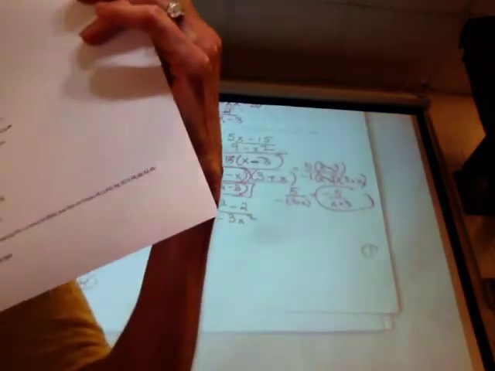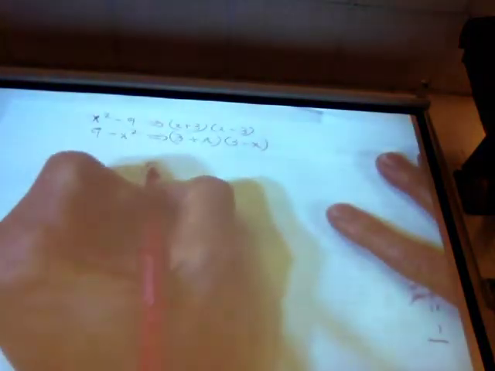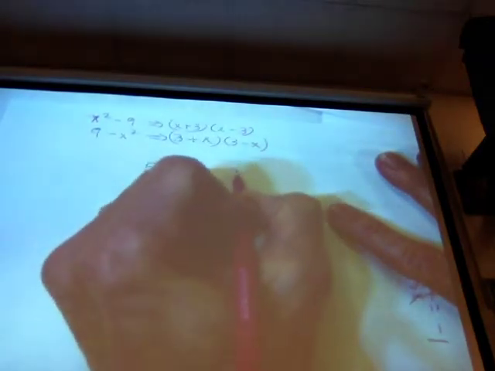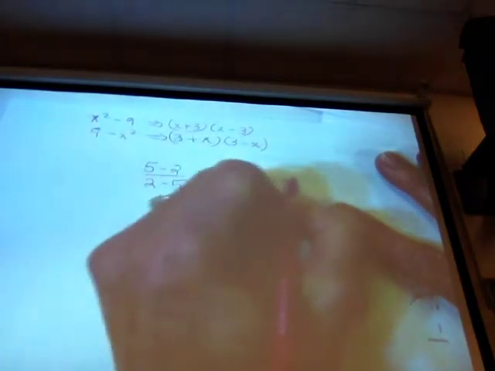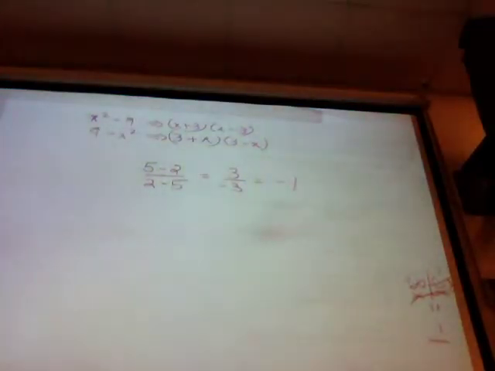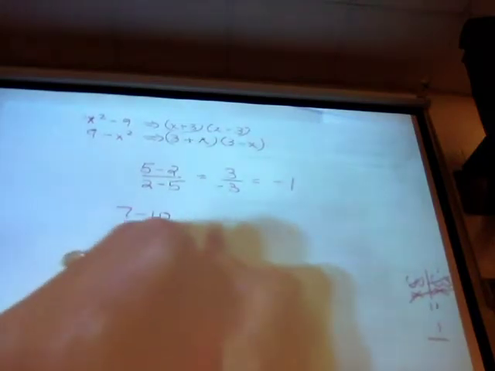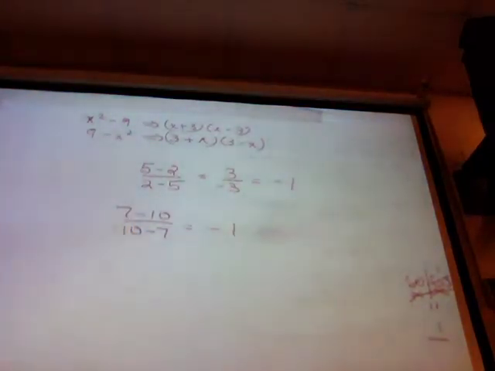So basically what I'm saying is, and watch this so that you understand why. If you understand why, you'll remember it more. If I have 5 minus 2 over 2 minus 5, that is 3 over negative 3. Isn't that equal to negative 1? If I have 7 minus 10 over 10 minus 7, isn't that equal to negative 1?